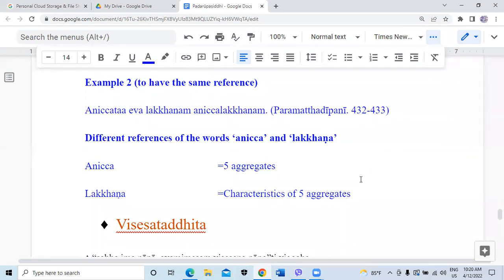At the time we ask, our answer is characteristics of five aggregates. But how to say in the definition?